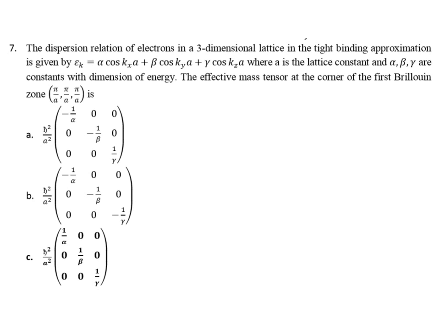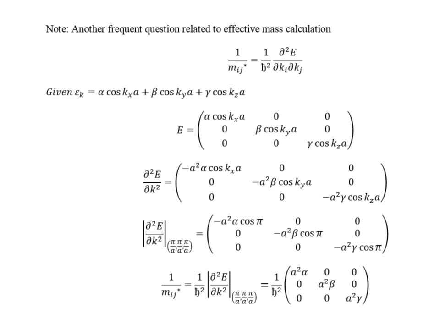The effective mass tensor at the corner of the first Brillouin zone, pi by a, pi by a, pi by a, is, now the choice is again C. Now this is also a very frequent question, that is the effective mass calculation, which comes in solid state physics. It is found using a formula 1 by m star, where m star is the effective mass, is equal to 1 by h cut square dou square E by dou ki dou kj in tensor notation.